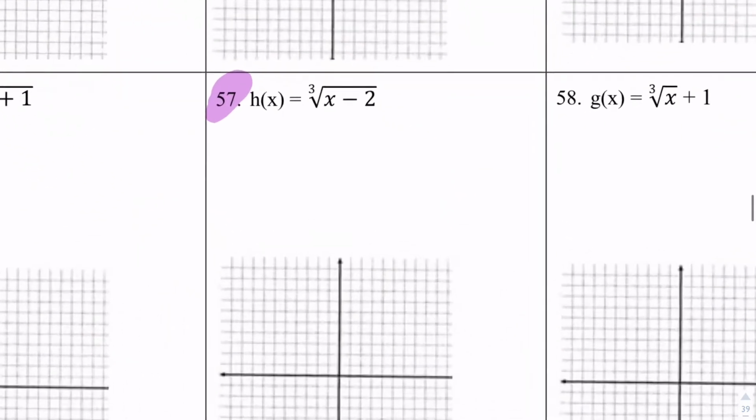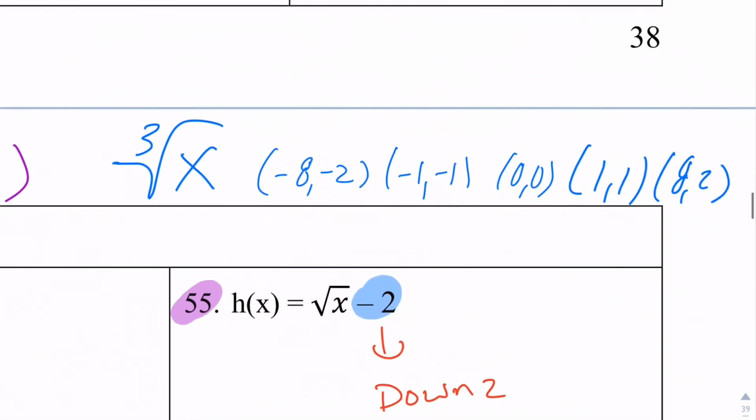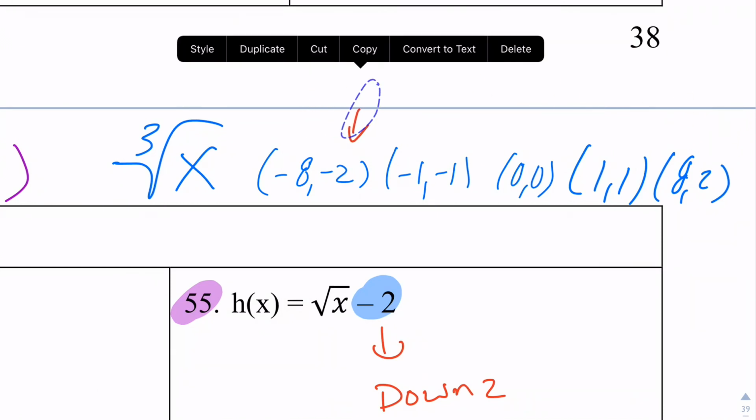Lastly, I've identified a cube root one to graph, and so here we go. Cube roots. We've got 3 of them in the middle: negative 1, negative 1, 0, 0, and 1, 1. These 3 are kind of linear through the middle. Then on the outsides, which really helps shape our cube root, we have negative 8, negative 2, and positive 8, 2, because the cube root of 8 is 2, and the cube root of negative 8 is negative 2.